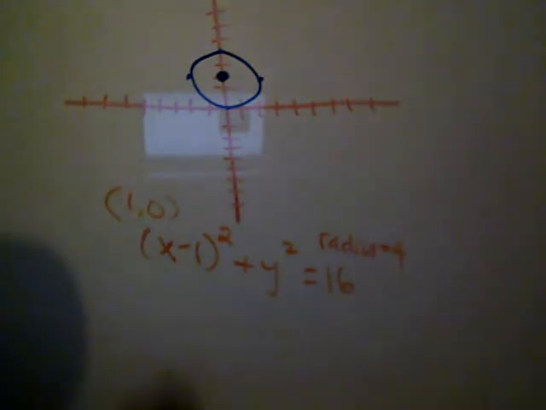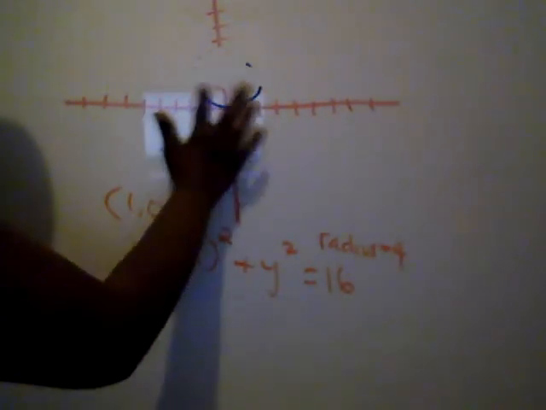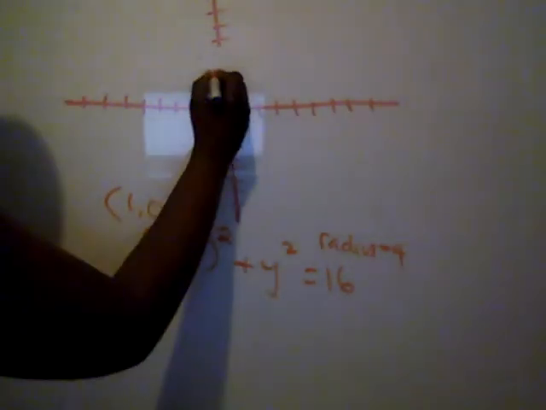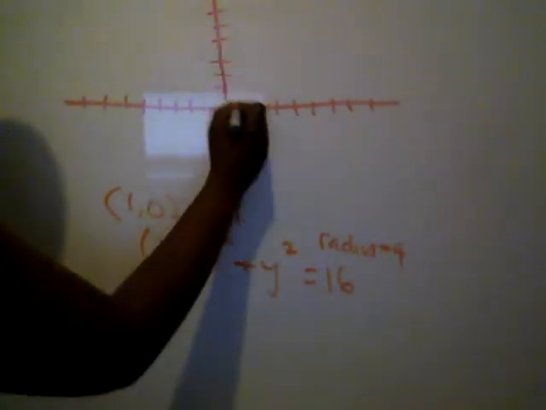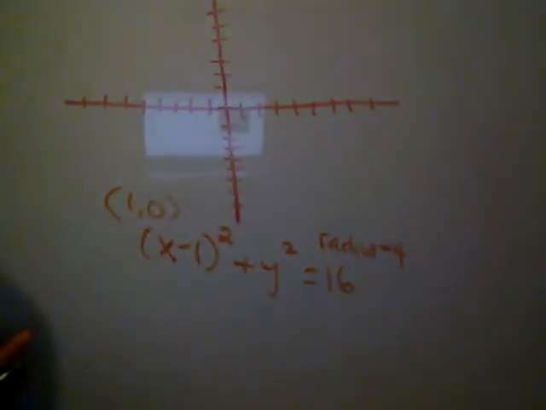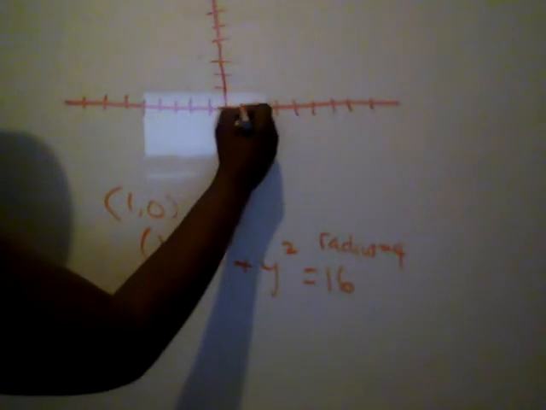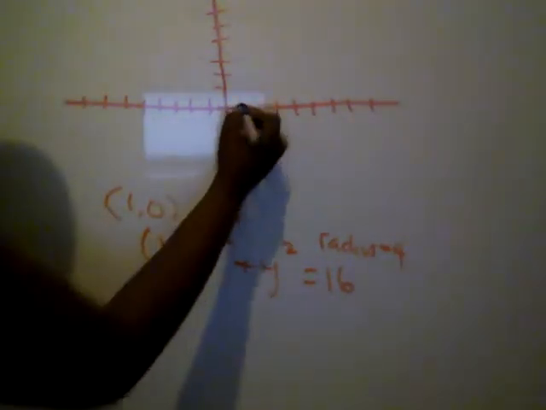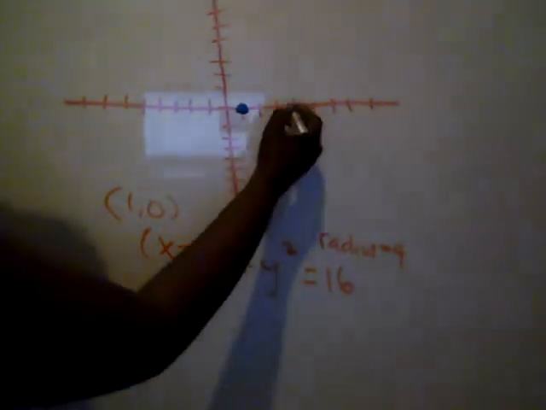So if we plot that, we know that our center is at (1, 0). So this time our center is here, and we're going to go out 4 in each direction.